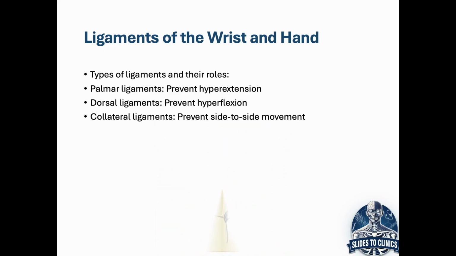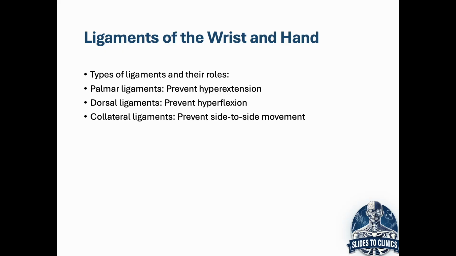So in summary, the ligaments can be categorized into three. The palmar ligament, which helps to reduce hyperextension, which is exaggerated extension. The dorsal ligament, which helps to reduce overflexion, and then the collateral ligament, which helps to reduce sideways bending.